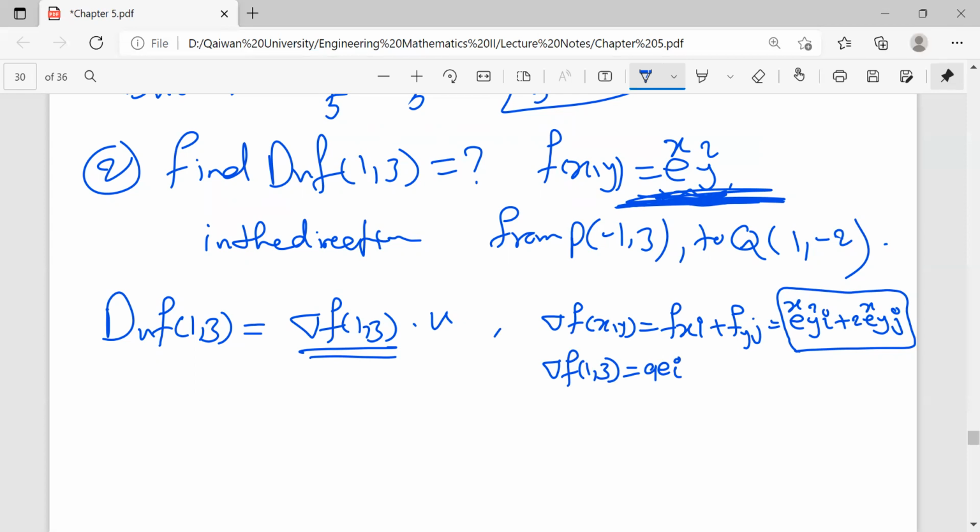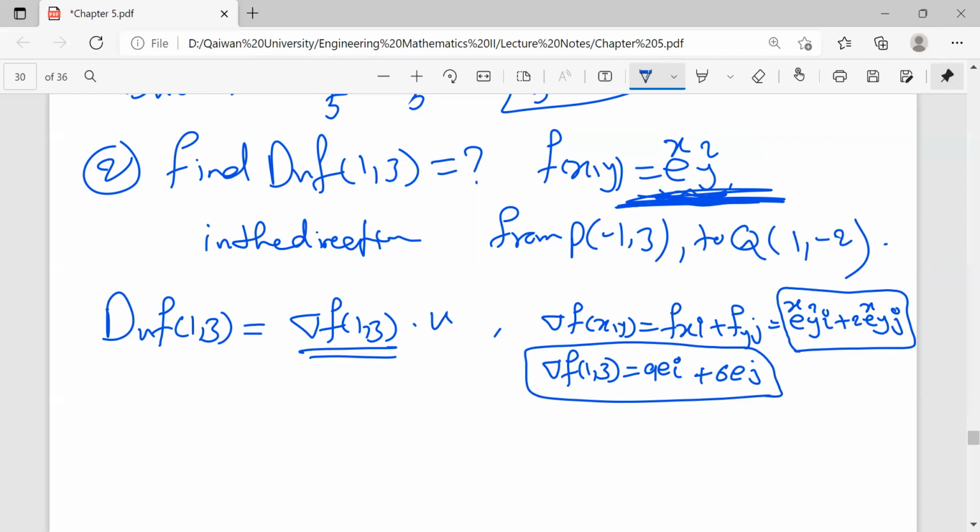We replaced each x by 1 and y by 3, plus here we get 2e j. 2e times 3 is 6e j. This is the gradient vector for the function at that point.